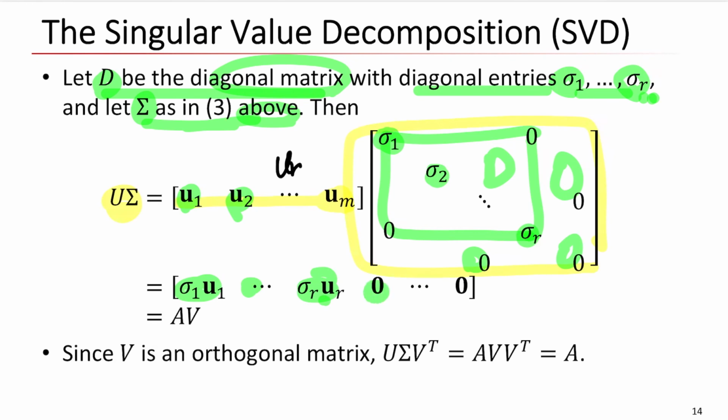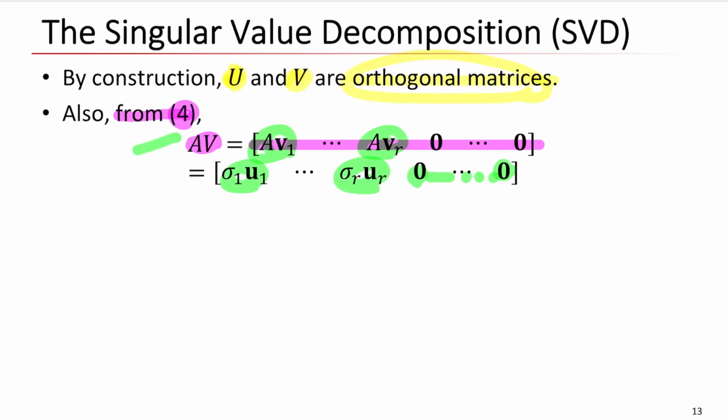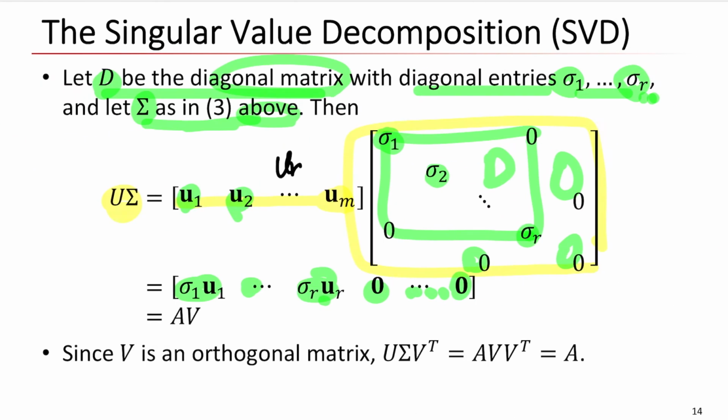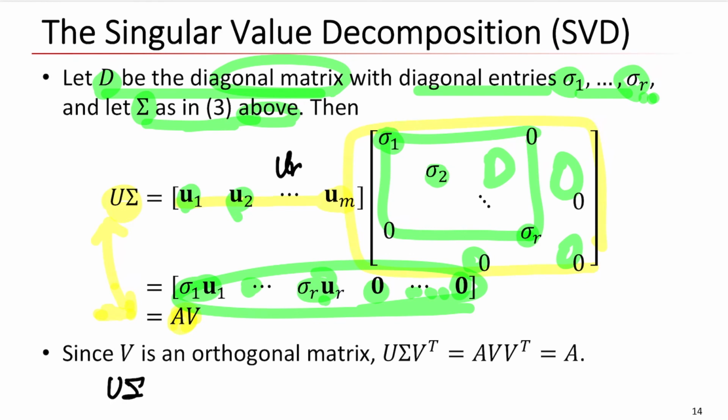And the remaining things are 0, right? So this is U times sigma. If you remember this term, AV was equal to sigma 1 u1 through sigma r ur and 0. So this matrix is exactly the same as this one. So we can say that U sigma is equal to AV, right?